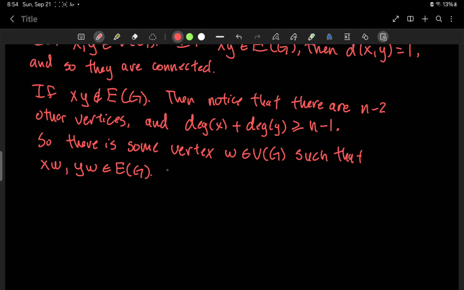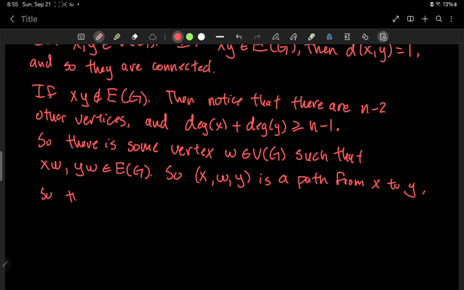And so x, w, y is a path from x to y, so they are connected.